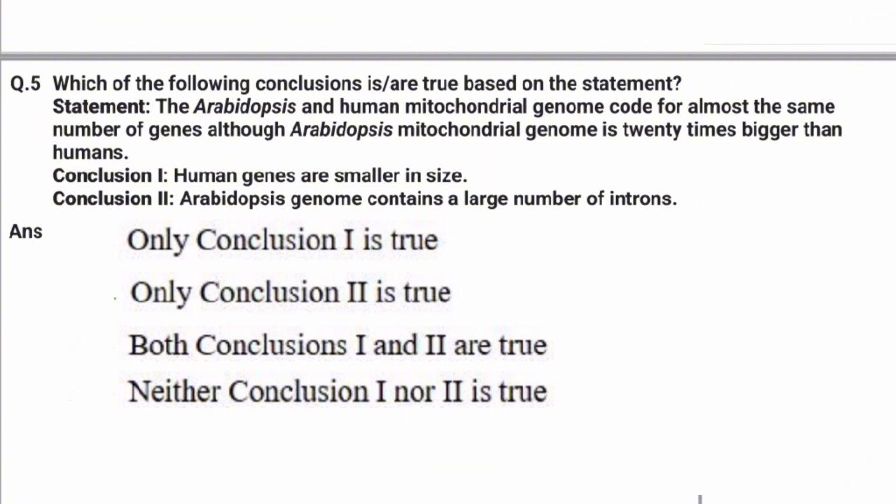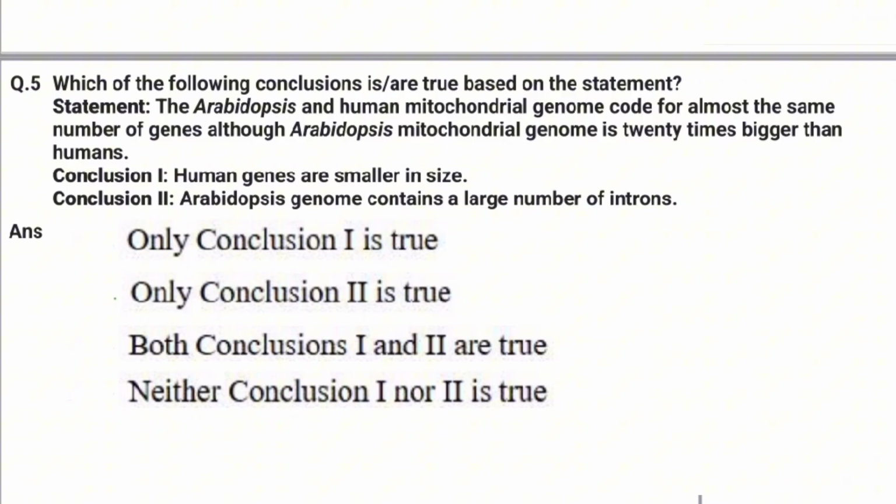Which of the following conclusions are true based on the statement? The statement is: the Arabidopsis and human mitochondrial genomes code for almost the same number of genes, although the Arabidopsis mitochondrial genome is 20 times bigger than the human one. Conclusion 1: human genes are smaller in size.